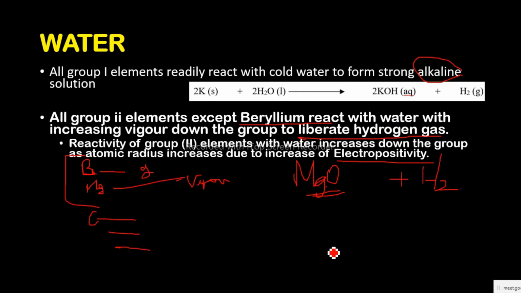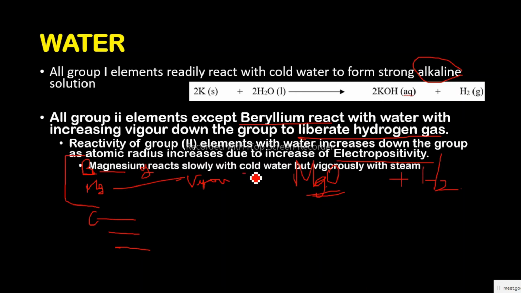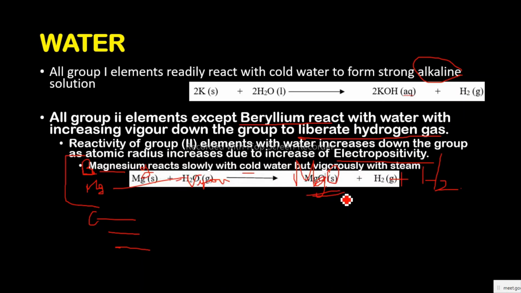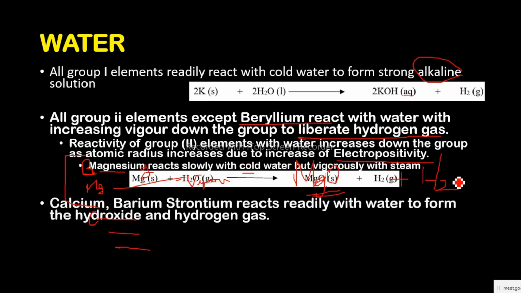But magnesium reacts with steam. With cold water it might react, but the reaction is slow. It is vigorous with steam, to form an oxide, and the equation is there, and hydrogen gas. But the rest of the members react readily with water to form their metal hydroxides plus hydrogen gas.